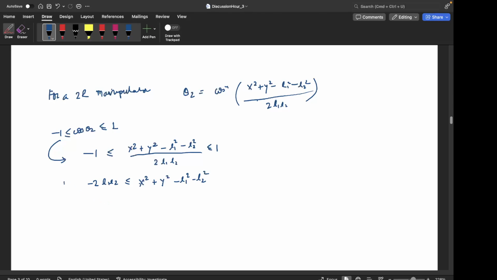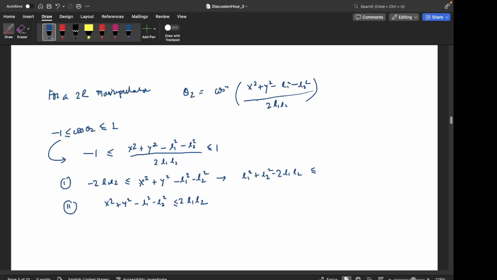And this is 2 L1 L2. Now if we further rewrite this, this is L1 square plus L2 square minus 2 L1 L2, right?